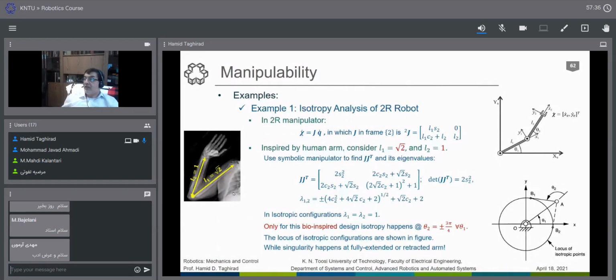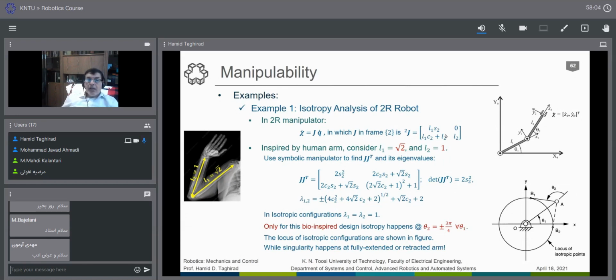Now, consider that for this particular case, with this angle 3 pi over 4, we are in a configuration where we are isotropic. When theta 2 is equal to 0 or theta 2 is equal to 180 degrees, we have a singular configuration, as we know this was the case that we considered before.